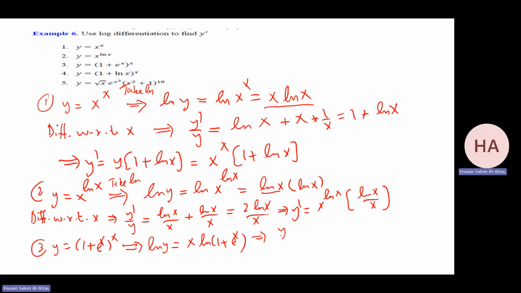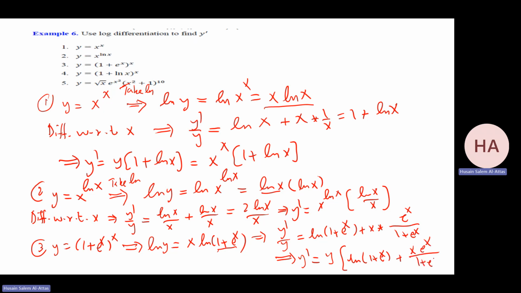Differentiate with respect to x: y prime over y equals ln of 1 plus e^x, plus x times 1 over 1 plus e^x times the derivative of this, which is e^x. So y prime will be y times ln of 1 plus e^x plus x e^x over 1 plus e^x. I can rewrite y as 1 plus e to the power x, to the power x.